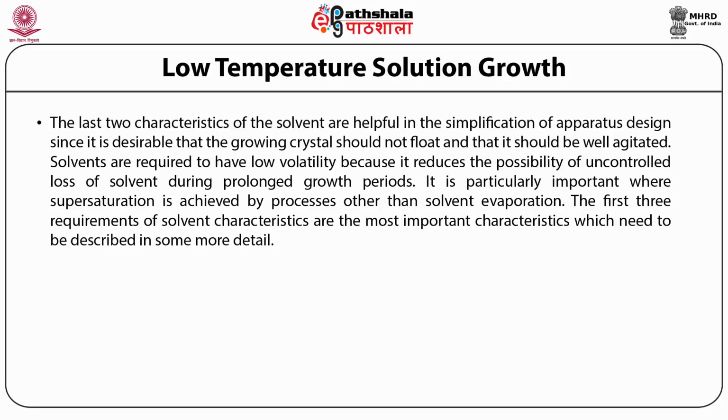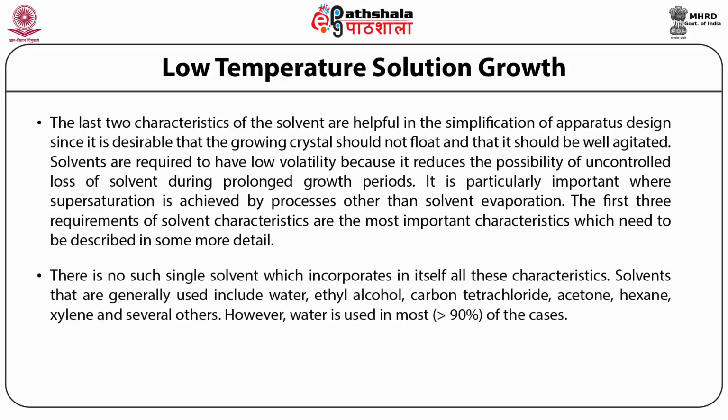Solvents are required to have low volatility because it reduces the possibility of uncontrolled loss of solvent during prolonged growth periods. It is particularly important where supersaturation is achieved by processes other than solvent evaporation. The first three requirements of solvent characteristics are the most important and need to be described in some more detail.